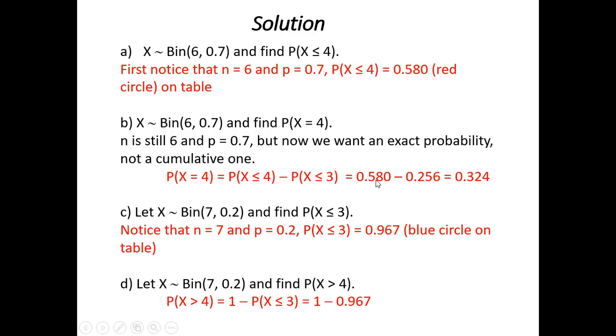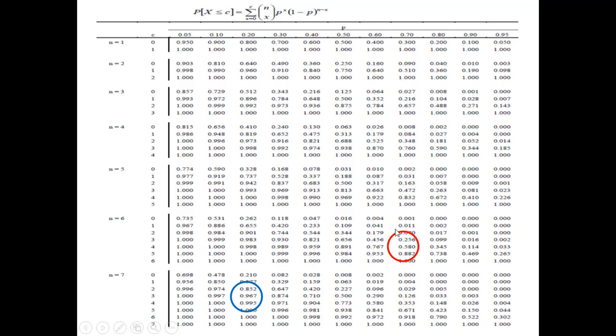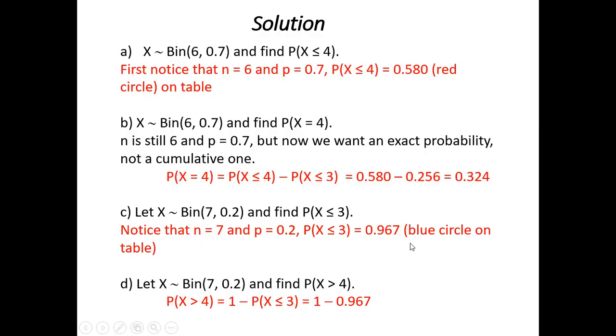So here are the numbers. If I go back to this table, you can see over here I'm using this number, 0.580, and subtracting off this number, 0.256, and that gives us the result that we want. The answer is 0.324. So that gives us the exact probability.